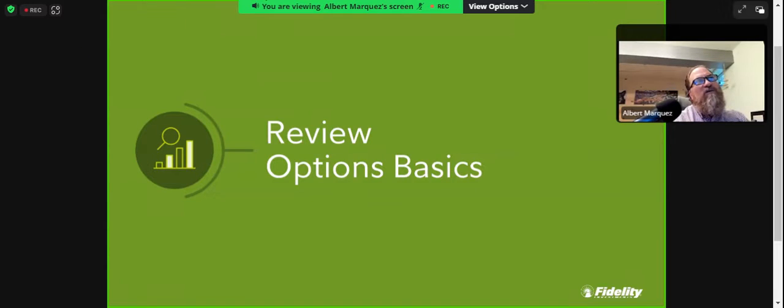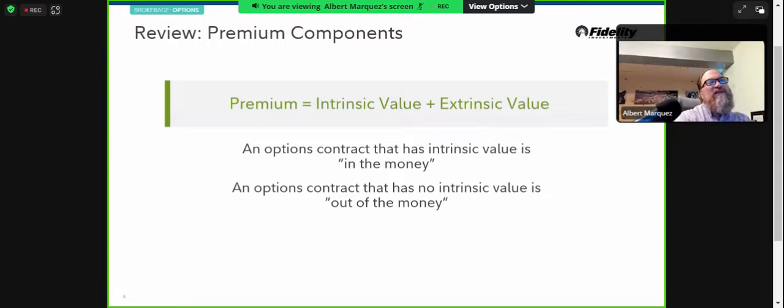So let's start with the premium components, because I do think this is a very important element of the option experience, and one we should make sure we understand. When we talk about option pricing, we're basically talking about six elements: the price of the underlying, the strike price, the time to expiration, the volatility, and then we also have dividends and interest rate.